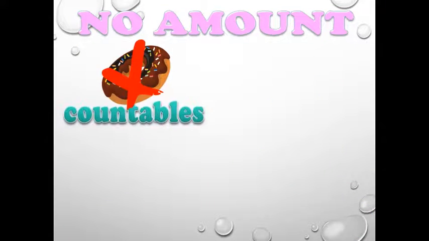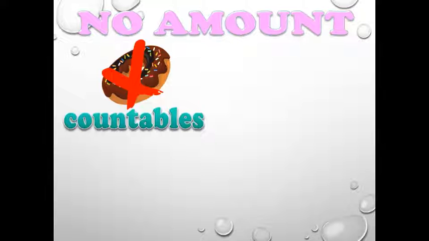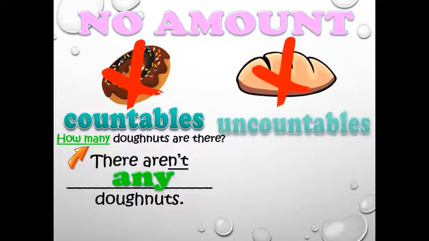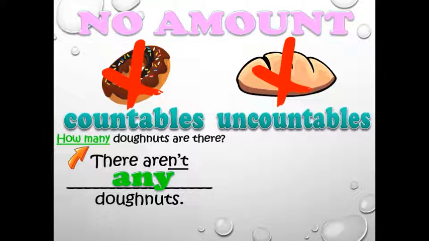When we want to say that there is no amount, we use any, which is used in negative sentences, or no. How many donuts are there? There aren't any donuts. So in this case, we express no amount with not any.